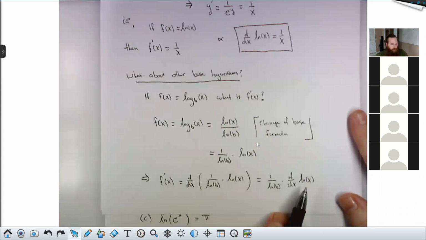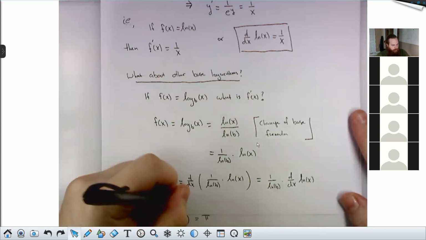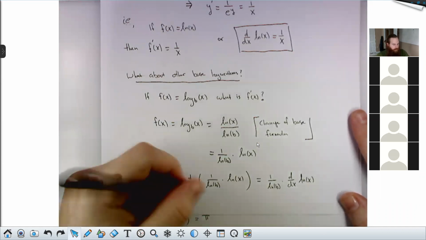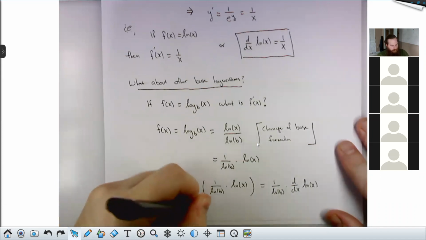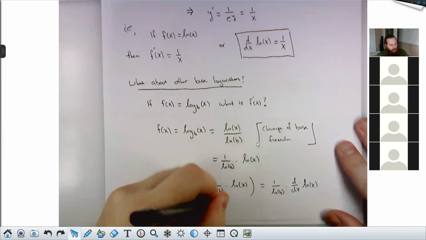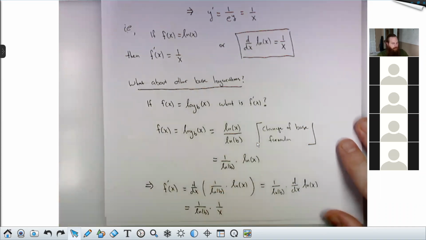And the derivative of ln x is 1 over x. So this is 1 over ln b times 1 over x.